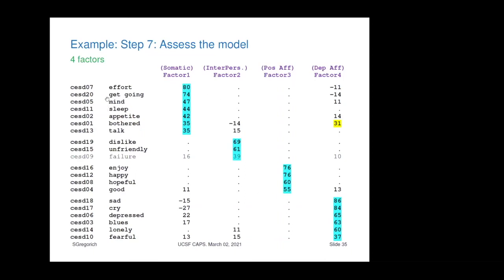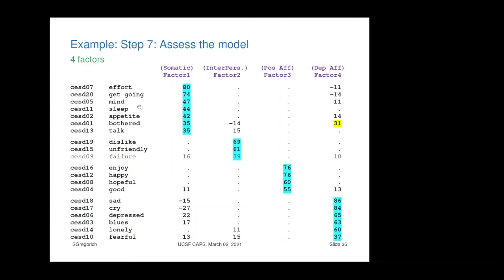But we can see the item correlations with the factor, these clusters are pretty tight. These all should be like that means 0.8, sorry, 0.74, 0.47. I got rid of the initial decimal point here.